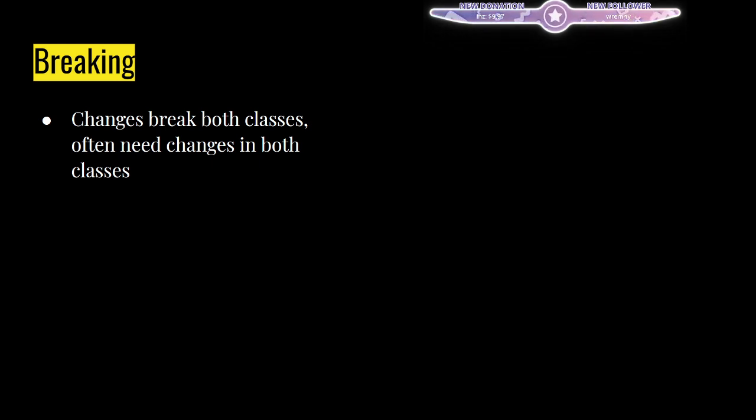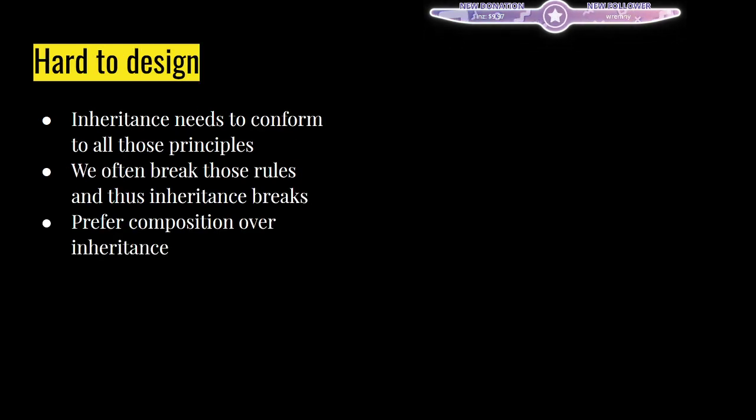So a change there is a breaking change because the implementation needs to adapt to the contract. And therefore it's hard to design. And therefore we prefer composition over inheritance, again, as we mentioned in the last lesson.